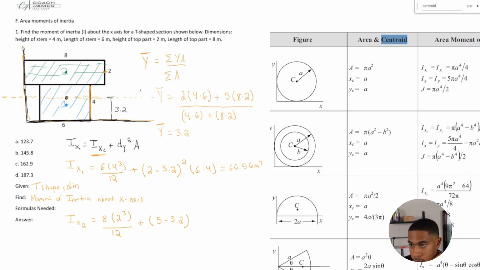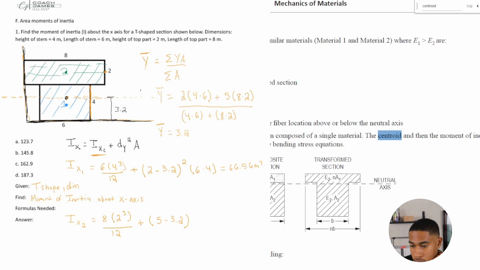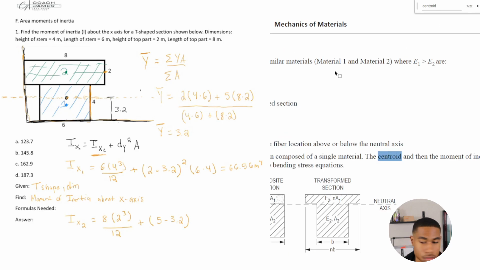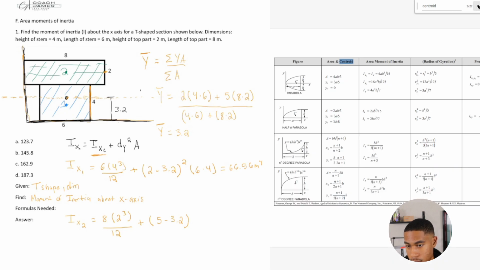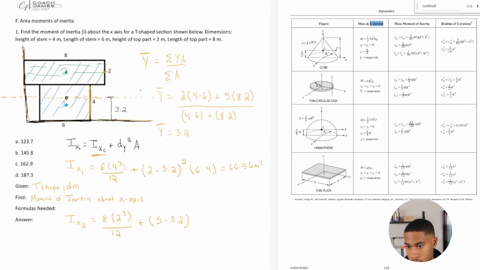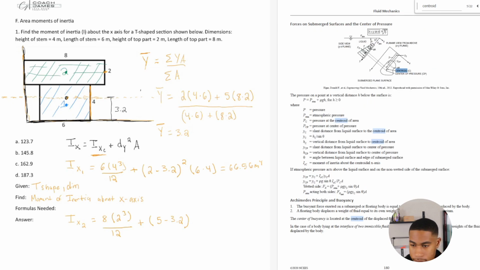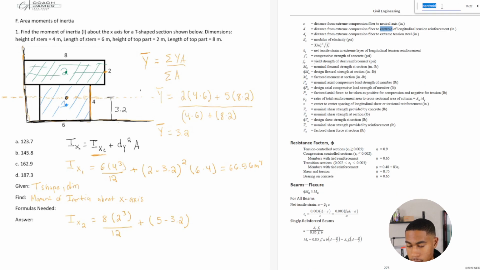So anytime you're looking at this, I'm trying to make sure that this dy makes sense. Because I feel like dy is the most confusing piece of it.